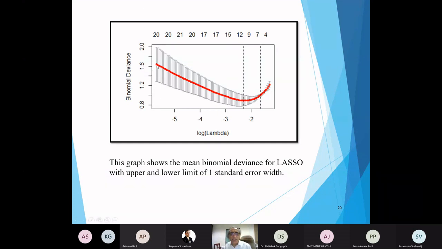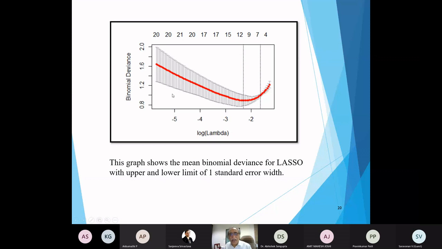Then you have this curve of binomial deviance values, with upper and lower limits at one standard error. This is the lower limit, one standard error, and this is the upper limit.